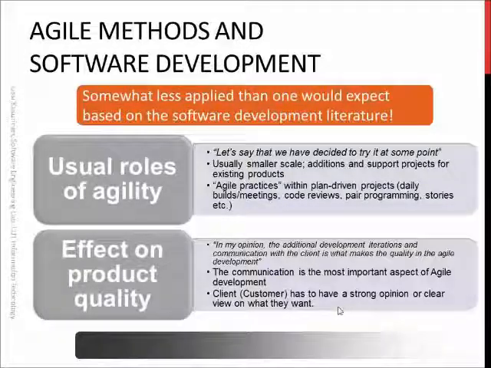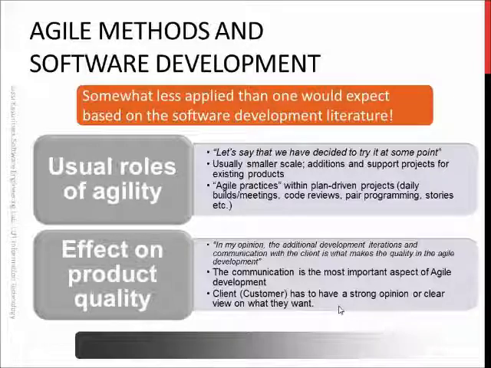Also, the agile approach didn't really make that much difference to product quality. If it worked, it worked just fine, but it was not a clear indication of higher quality. The most important part of using agile methods was that the customer was more present.